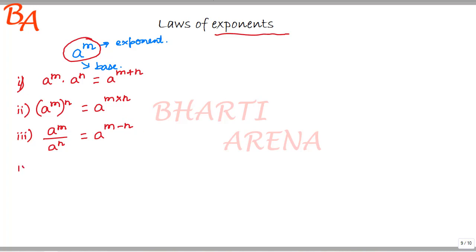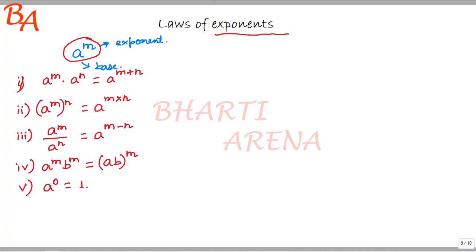Next is a to the power m and b to the power m equals ab to the power m. For same exponents, here it is m, and different bases, that is a and b, bases are multiplied under the same exponent. Next is a to the power 0 equals 1.